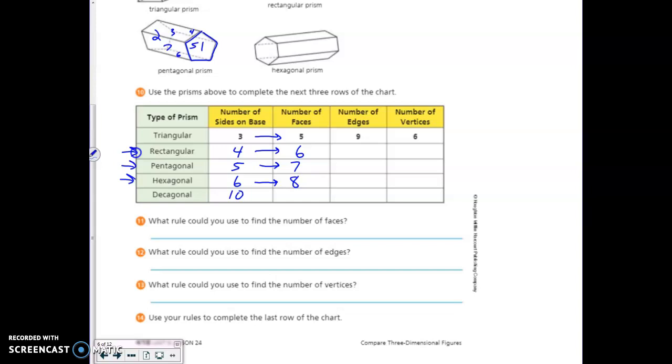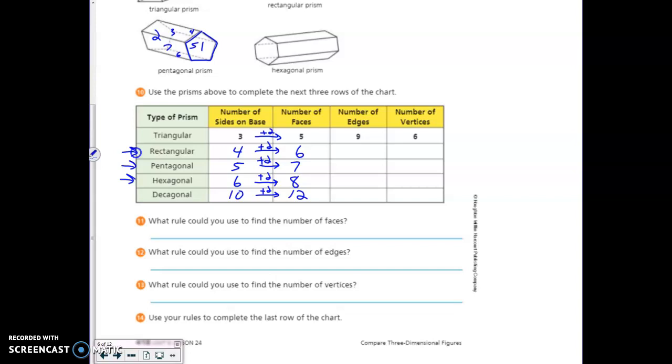Now we do not have a picture of the decagonal, but again, hopefully identifying the pattern, plus 2, plus 2, plus 2, plus 2, that we're going to have enough of a pattern there to establish that we should have 12 faces in a decagonal prism, simply identifying the pattern.